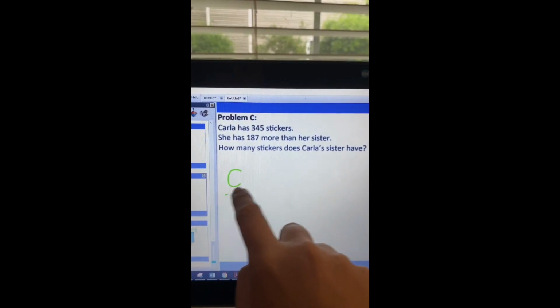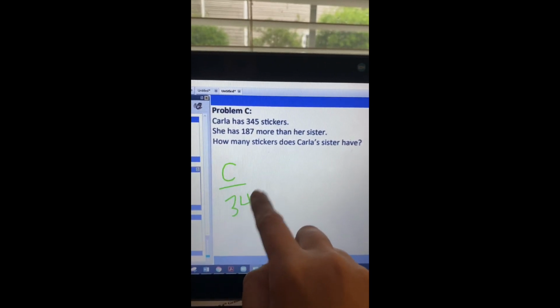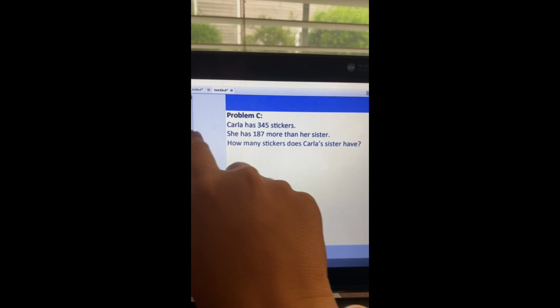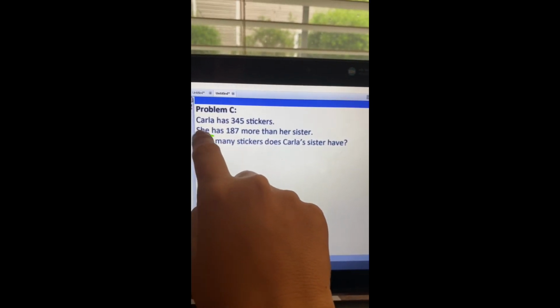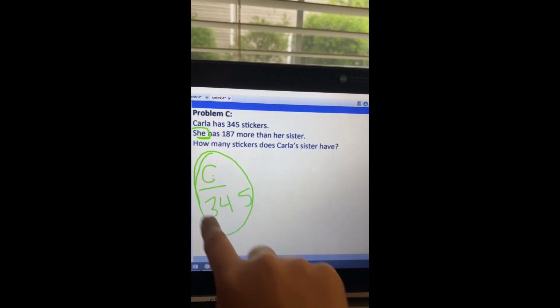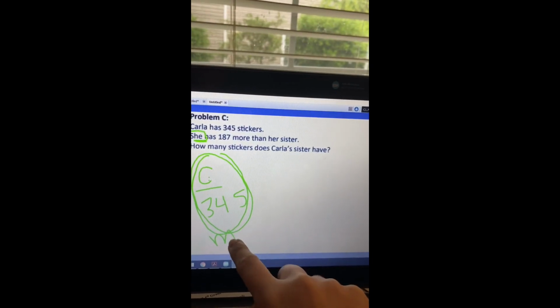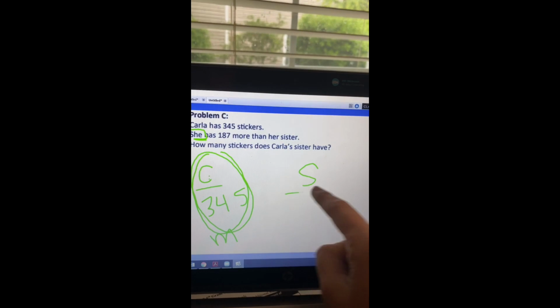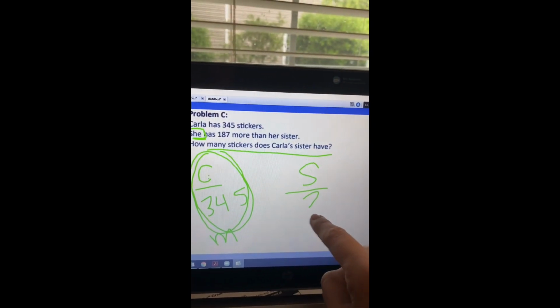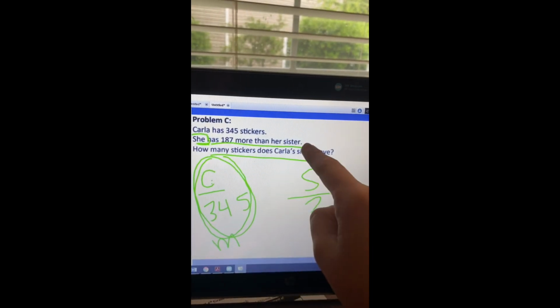So Carla has 345. Who is she? She is Carla. Carla has more than her sister. I want to know how many stickers her sister has. It tells me how many more Carla has.